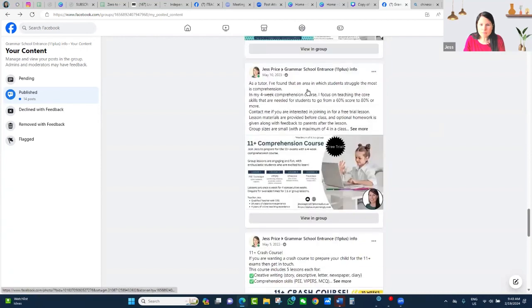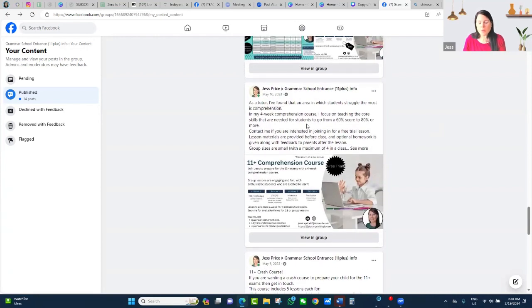Here, my comprehension course. When I was advertising it, I was touching on the pain point that an area which students struggle the most in is comprehension. So I'm doing a 4-week comprehension course focused on teaching the core skills needed for students to go from 60% to 80% or more. And then I highlight on the flyer the skills that I'm touching on.